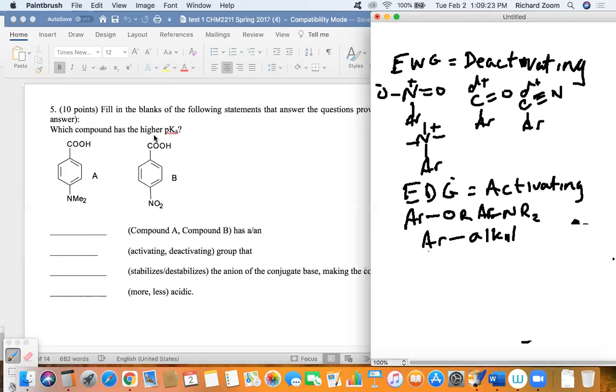It says which one has the higher pKa. So high pKa means less acidic. So what you want to look at is what these look like as anions in order to figure out if the group that's attached is going to have a stabilizing or a destabilizing effect on the anion.